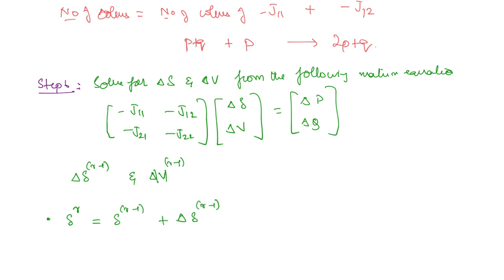So that is why we have been taking the superscript R minus 1. We need the final expression this. Similarly, we are going to get the rth iteration magnitude of voltage. So this is going to be mod V of R minus 1 plus delta mod V of R minus 1. So these are the two values that need to be obtained.